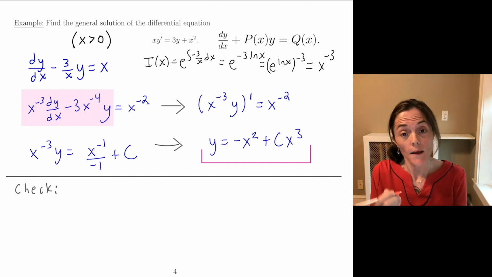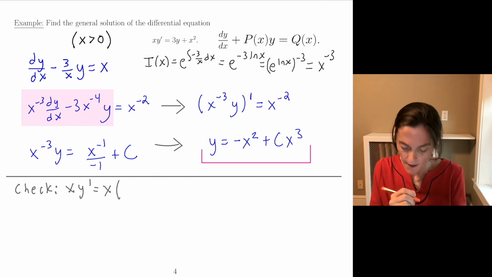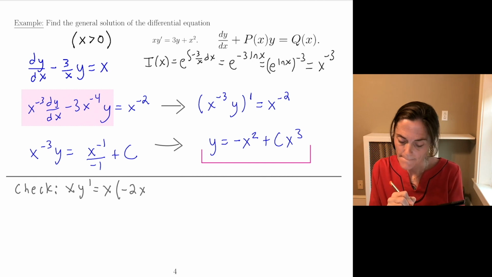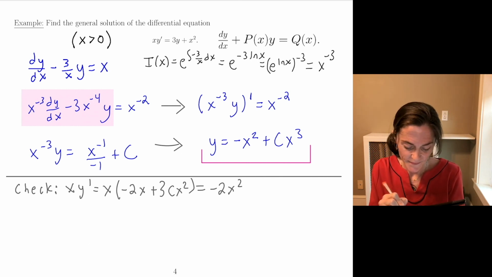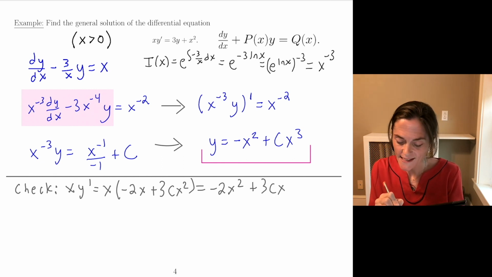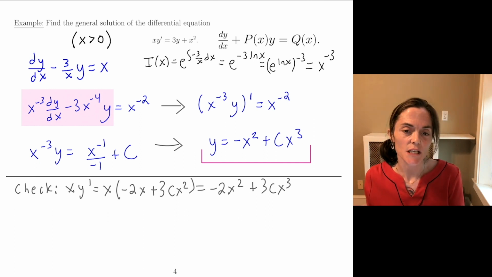If you take x y prime, we have x times, well, y prime is minus 2x plus 3cx squared. We get minus 2x squared plus 3cx cubed. Okay, this is the left-hand side of my differential equation.